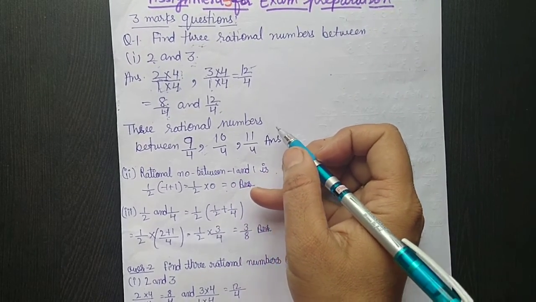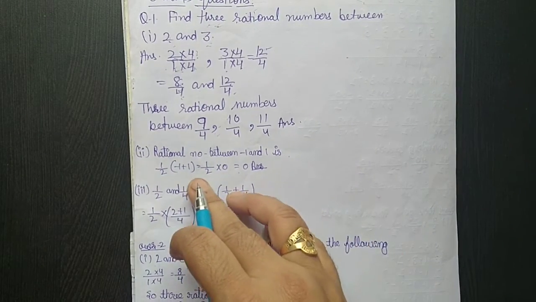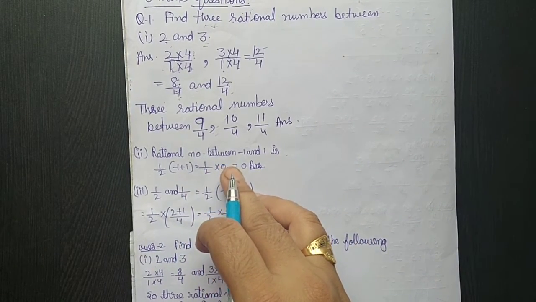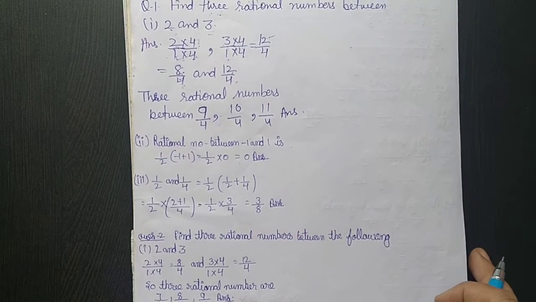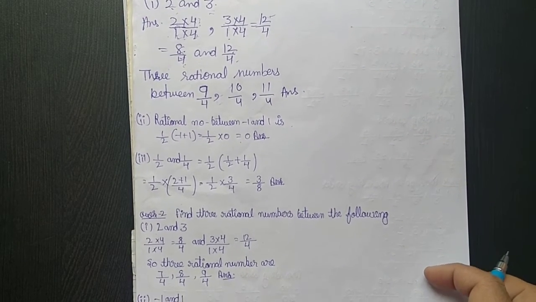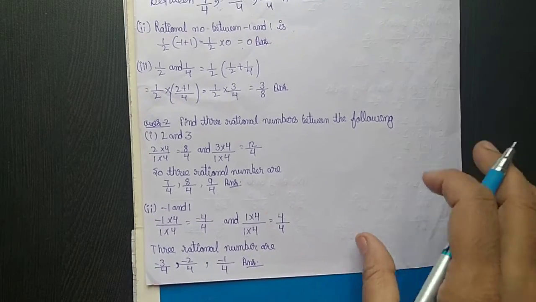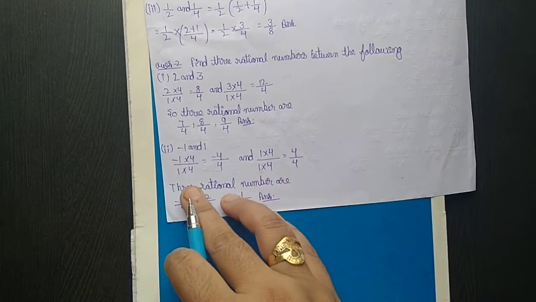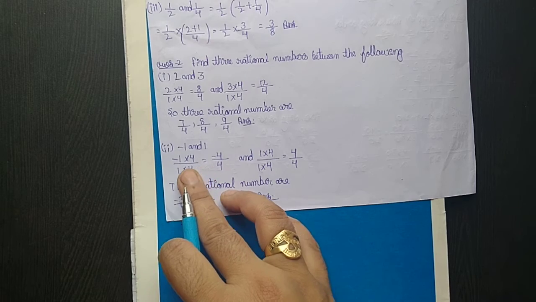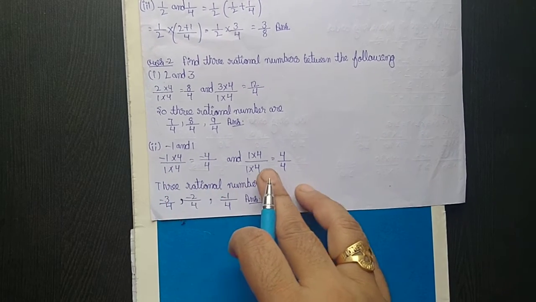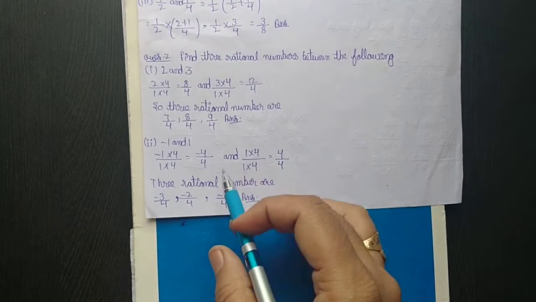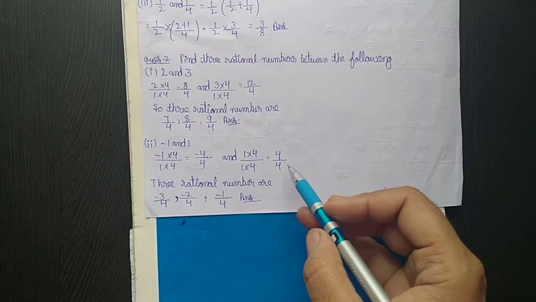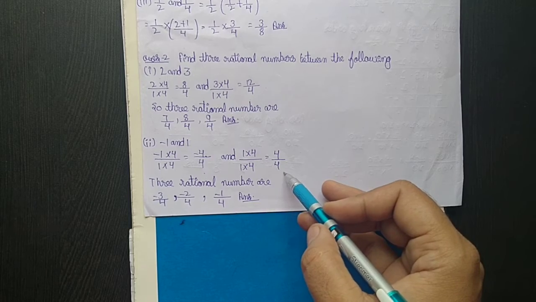So I think the concept is clear to you. Similarly, the second part is the numbers between minus 1 and 1. So here is the answer. So multiply with 4 with numerator and denominator also. So also the second number, 1. Here we will get minus 4 upon 4. Here positive 4 upon 4.